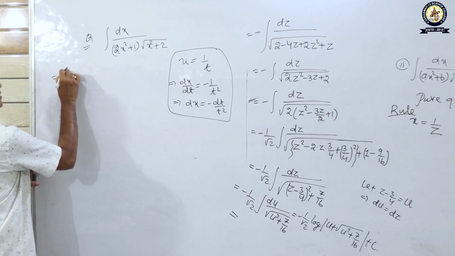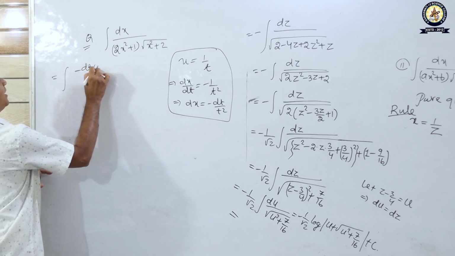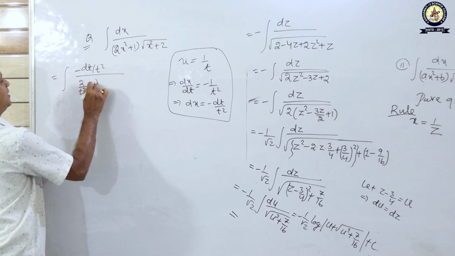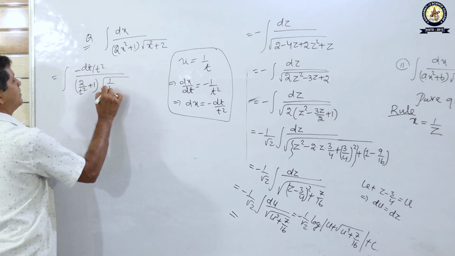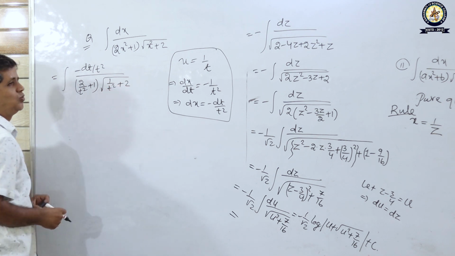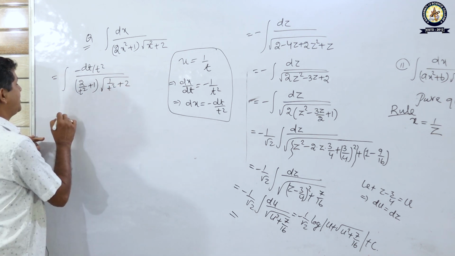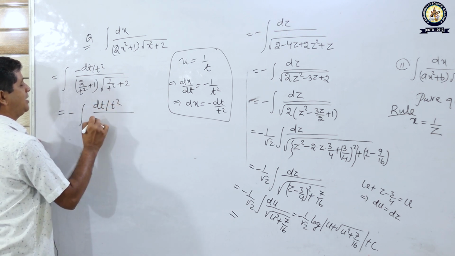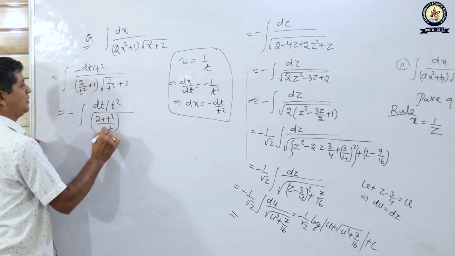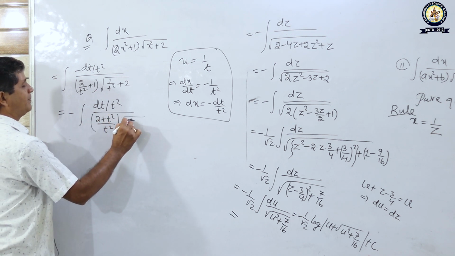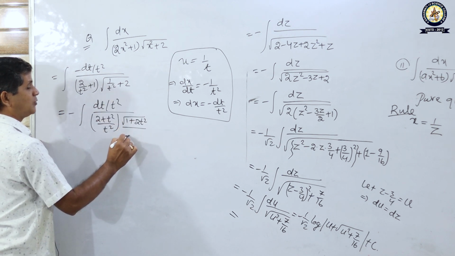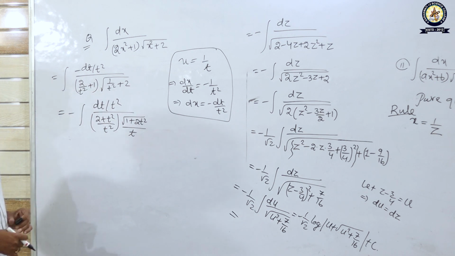Put these values. It is minus dt by t square by (2 by t square plus 1) into root over of 1 by t square plus 2. Now make it a simpler form. dt by t square divided by (2 plus t square) by t square into (1 plus 2t square), LCM t square, and out of the root it will be t.